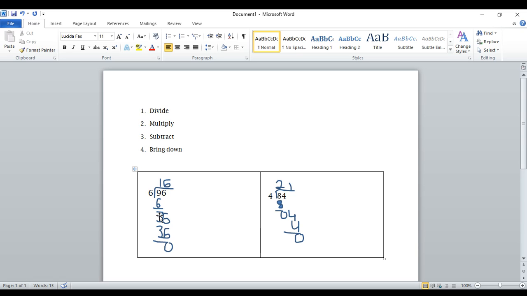We subtract, we bring down, then we ask ourselves again, how many groups of 6 will go into 36? We said 6 will, so we wrote it up there. 6 times 6 is 36. And 36 minus 36 is 0. We have nothing else to bring down, so we're finished.